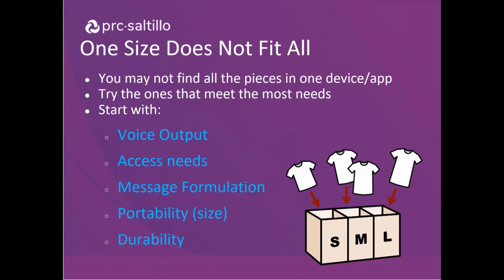The biggest thing I can always advise is to remember that one size does not fit all individuals. There's not a single AAC system out there that's going to be best for all users, and we're aware of this. I'm always a little concerned, and I took this viewpoint after working in the schools and working with a variety of different systems, when we walk into a room and all the kids are using the same system.